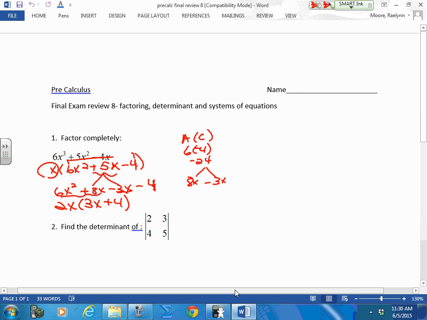So, I want it to look like 3x plus 4. What can I factor out of there? A negative 1. Good. Your goal is to make these two the same. Once you have a common factor, you factor it out, and what's left is the other factor.